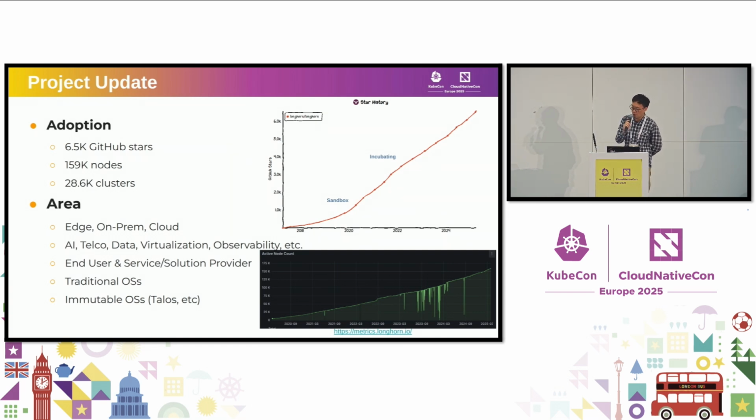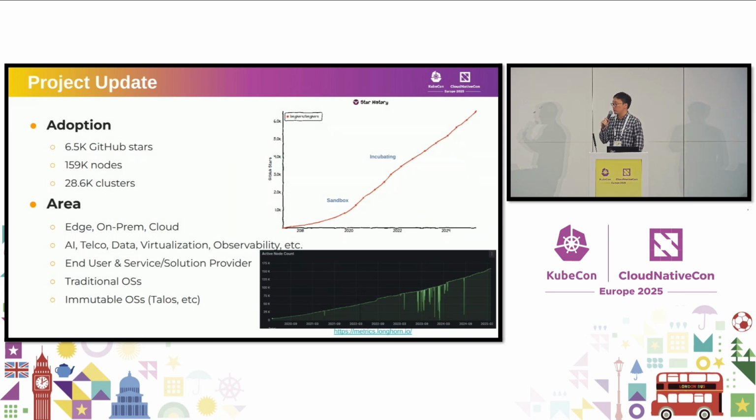It's growing. Overall, more than 159,000 nodes run it now. And most of the time, when we have a new version, people are very aggressive to upgrade to the new version of Longhorn to try the different new features.